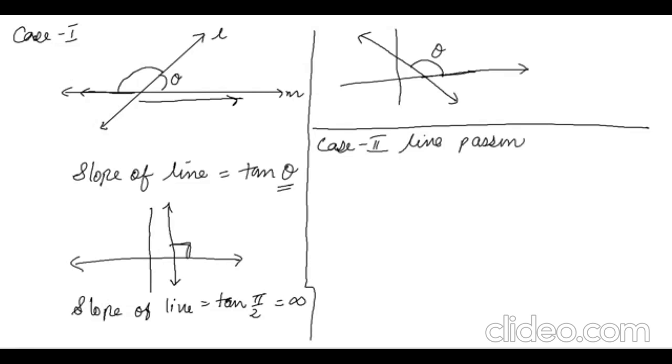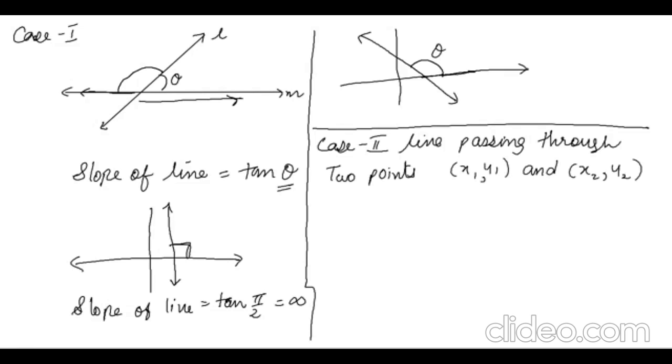In case 2, we can say that this is the two-point form, that is, a line passing through 2 points, say x1 y1 and x2 y2. So if you are interested in finding the slope of a line when that line passes through 2 points, then you can find the slope, but this time the formula will be y2 minus y1 upon x2 minus x1.